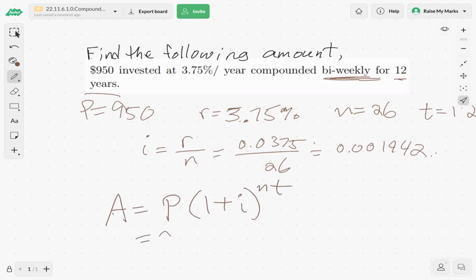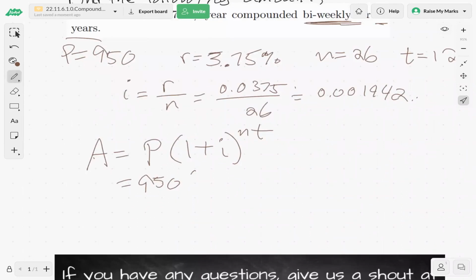Let's plug everything in and see what we get. 950 times 1 plus 0.0375 over 26, to the power N times T. What is N times T? 26 times 12 is a big number. Let's write that out. It's 312. Let's do some arithmetic.